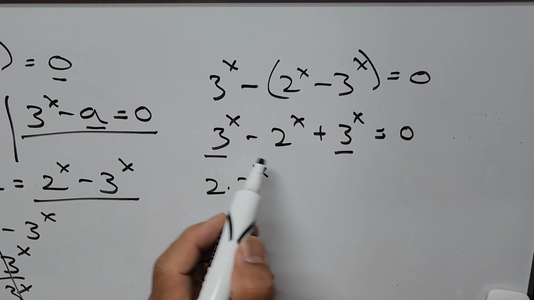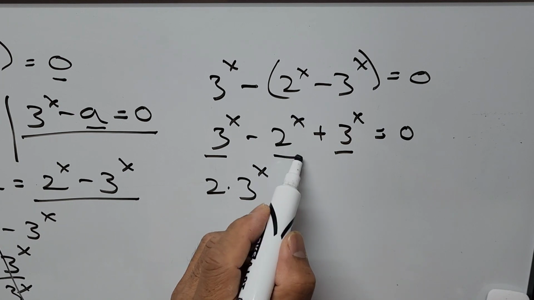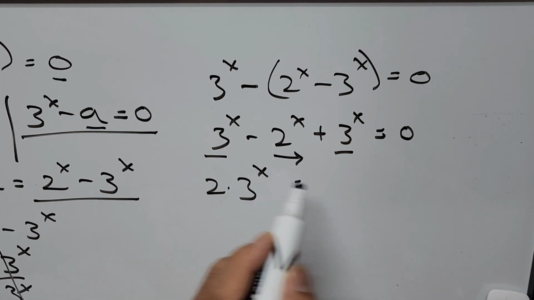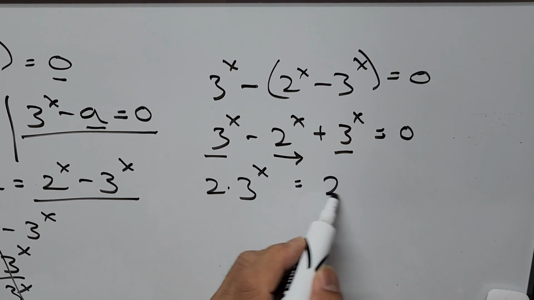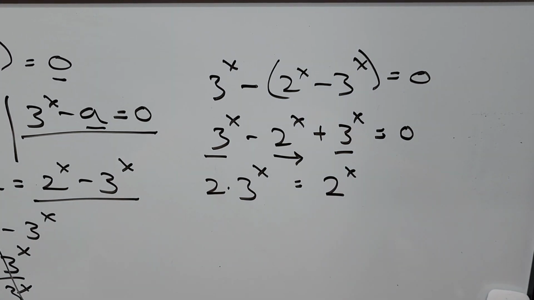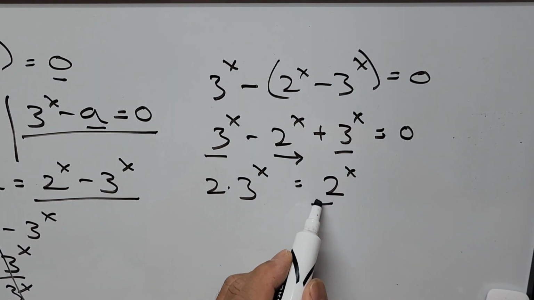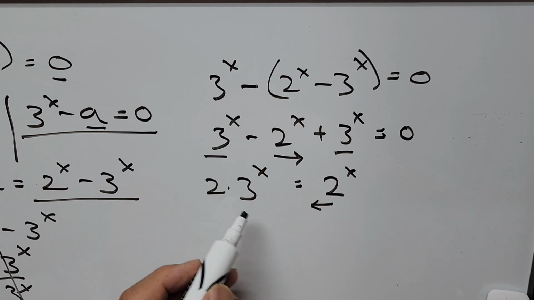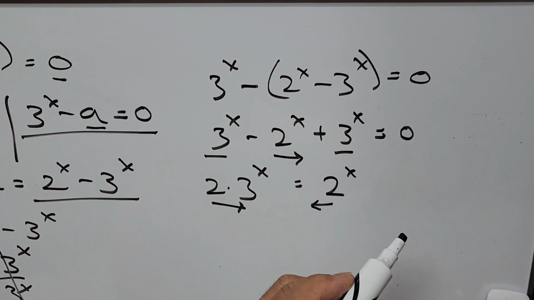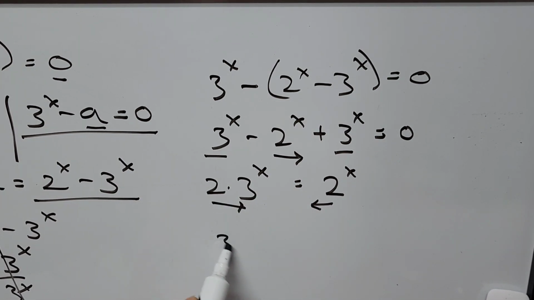And moving this negative 2 to the power of x to the right hand side, from negative it becomes positive, so 2 to the power of x. Moving all the variables to the left hand side of the equation and constants to the right hand side, we have 3 to the power of x divided by 2 to the power of x equals 1 over 2.